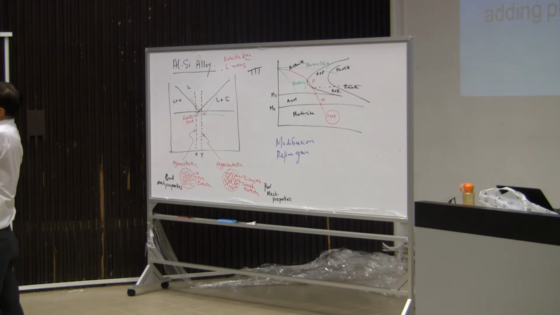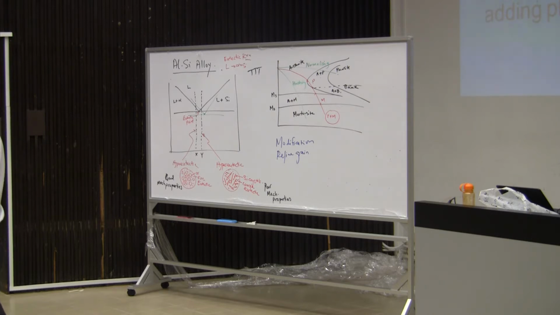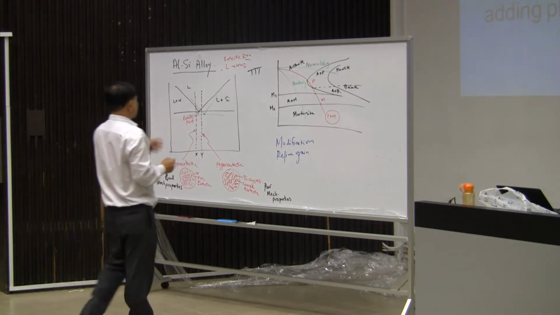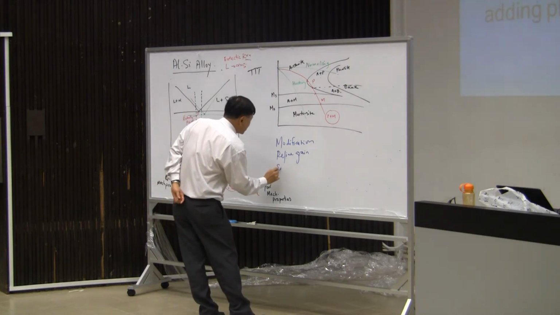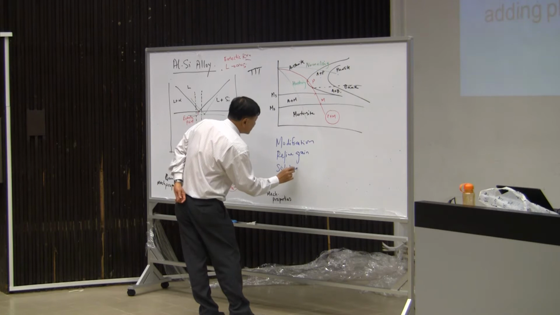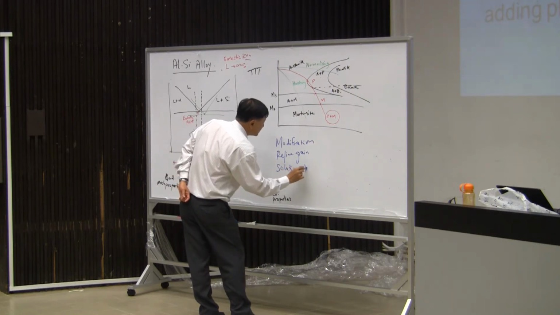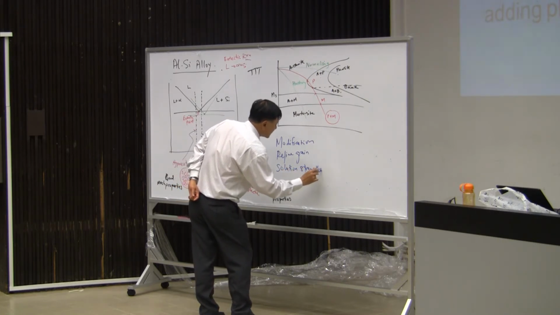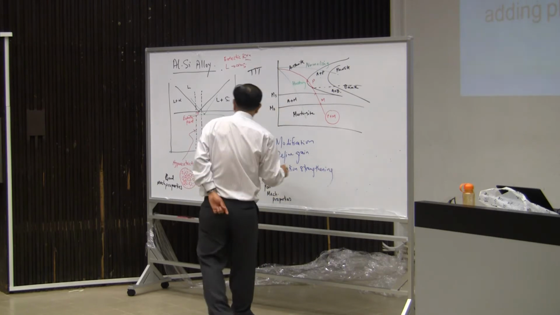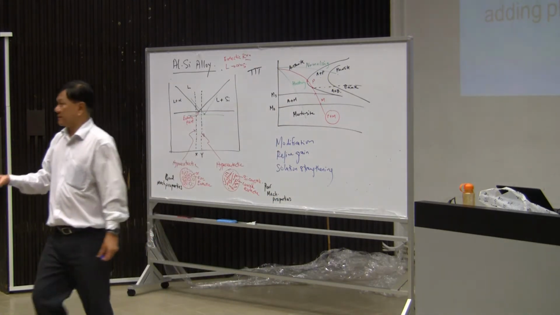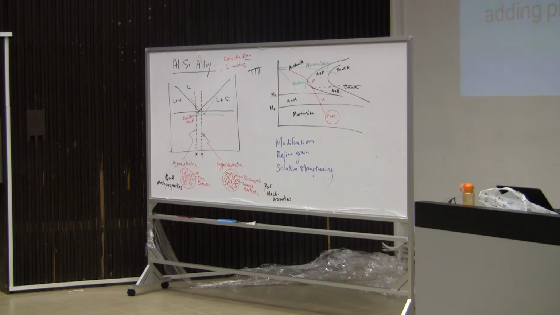So I can add alloy element to strengthen alpha. If my alpha is strong, overall you can strengthen it. Are you clear with that? So alpha is a solid solution, so now I can call it solution strengthening. So you can do all these types of things. Are you clear now? Alright, to increase the strength.